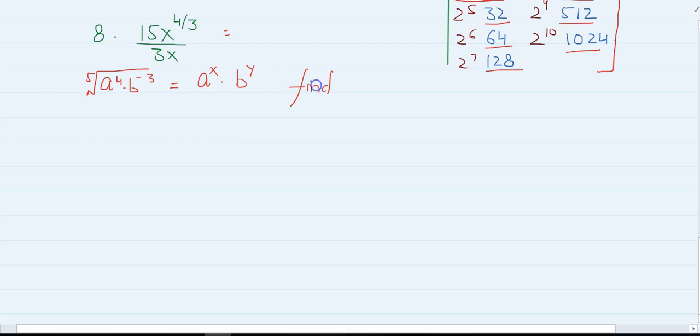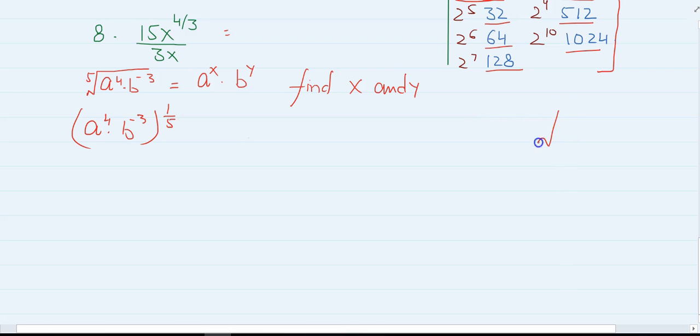So we have to find the values of x and y. Fifth root, so it can be written as a to the power 4 multiply b to the power minus 3. Fifth root means 1 over 5.